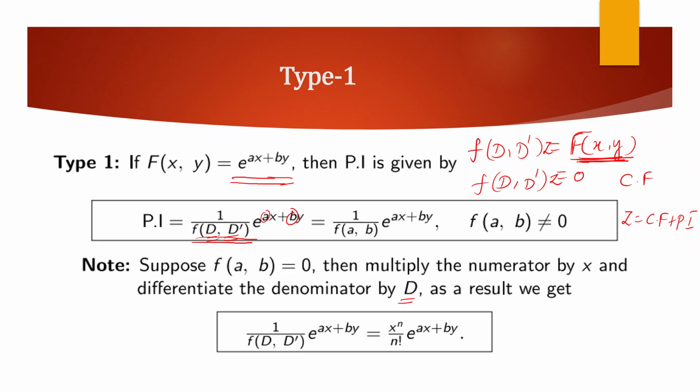Suppose after substituting D as a and D dash as b, again f of a comma b is 0 after the second differentiation, then you go for the third differentiation. There you multiply the function by x cube by 3 factorial, and so on. Like this you proceed till the denominator term f of a comma b is non-zero. So now let us see some examples for this.